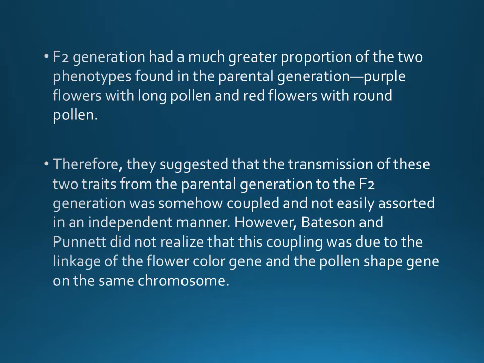Actually, the ratio must be 9:3:3:1, which is the normal Mendelian ratio. But these two scientists found a different ratio, in which the parental generation had a much greater proportion of the 2 phenotypes.